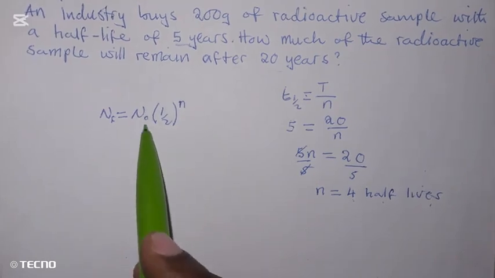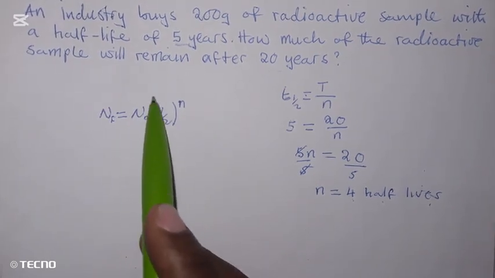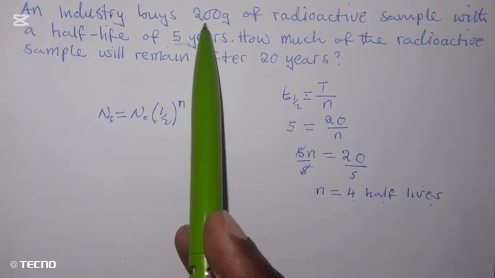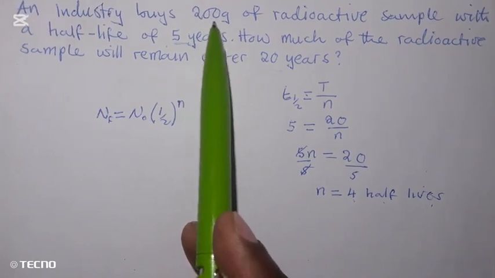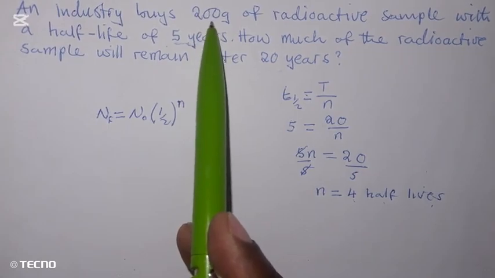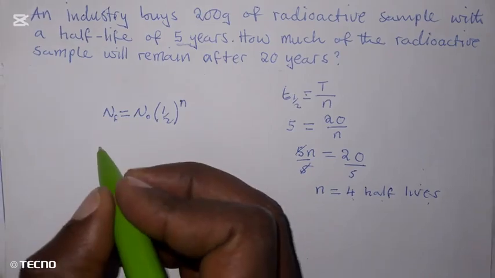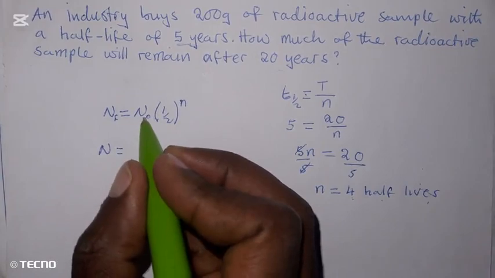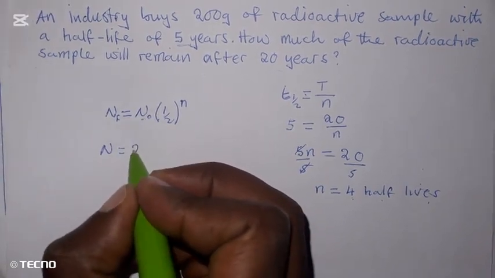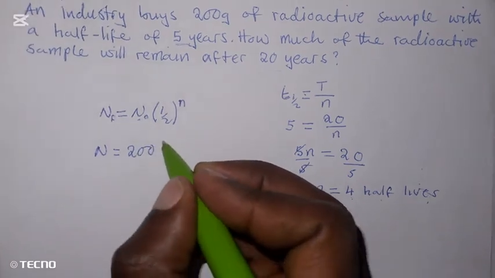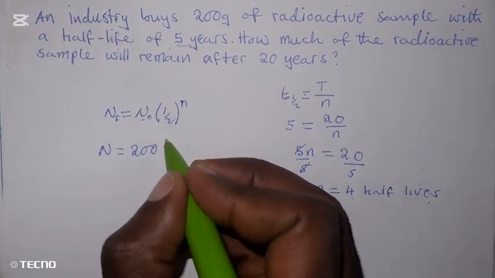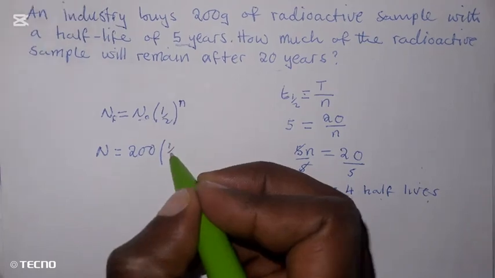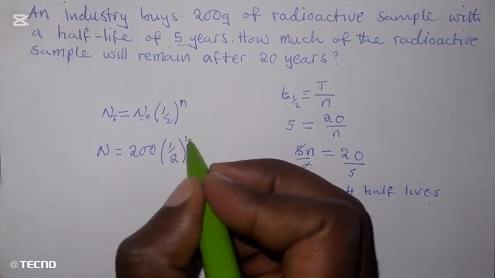Then where there is the initial amount, we have this one which was purchased by the company or the industry. So we just compute in the formula. N is equal to 200, and then we have half to the power 4.